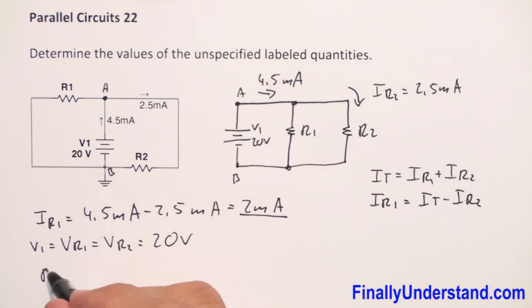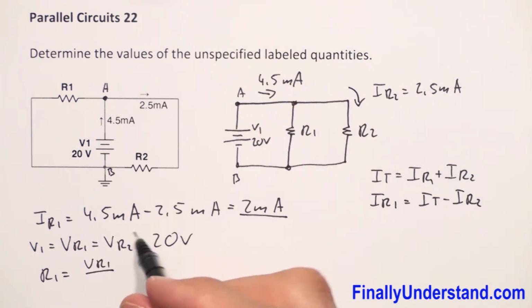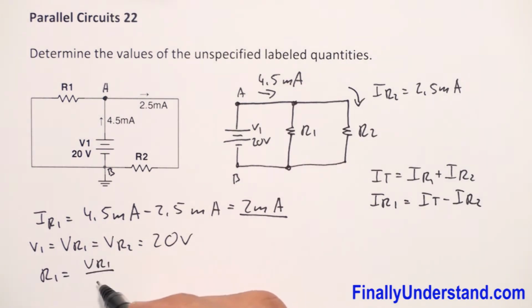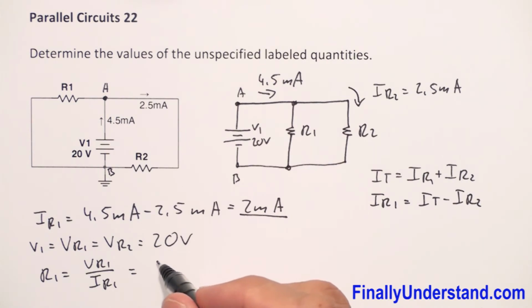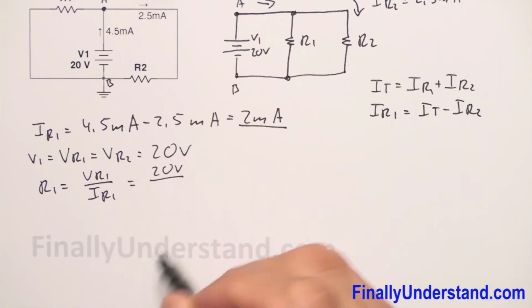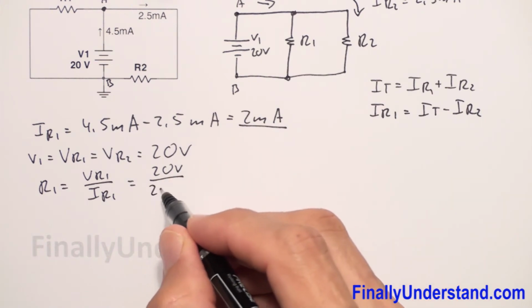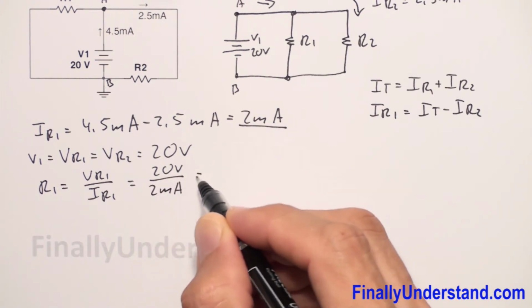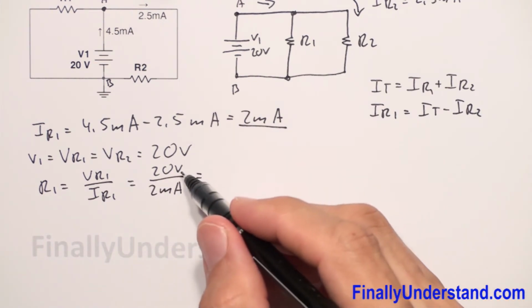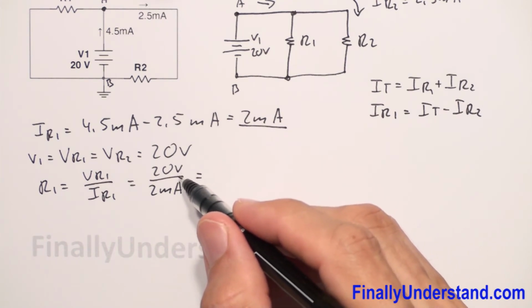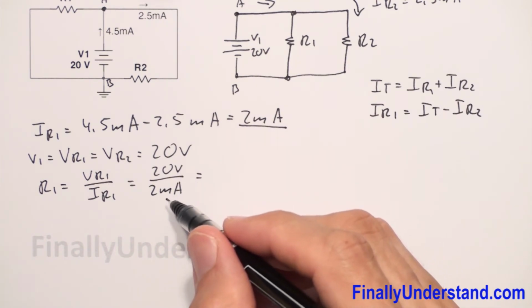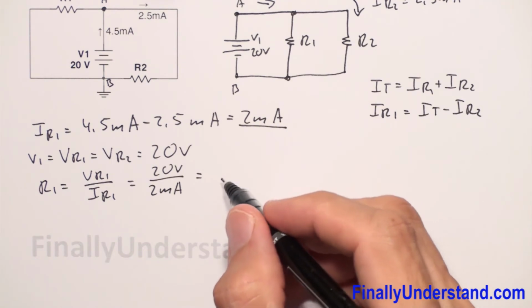So R1 is equal to VR1 over IR1, which is 20 volts over 2 milliamps. And 20 divided by 2 milliamps is equal to 10 kiloohms.